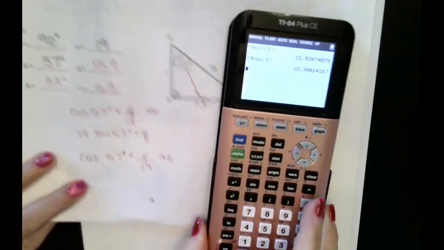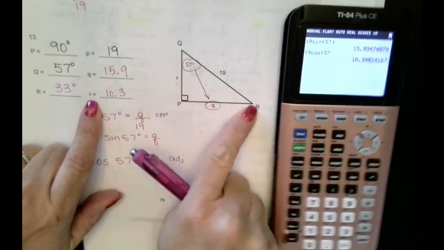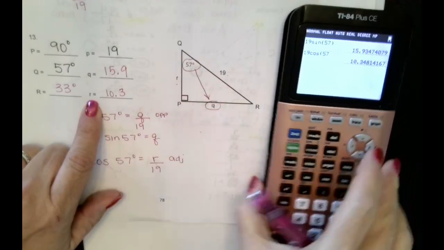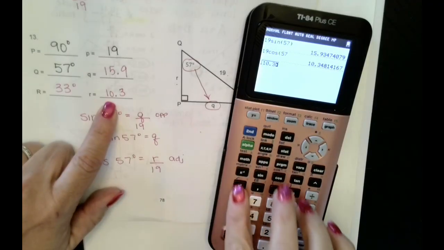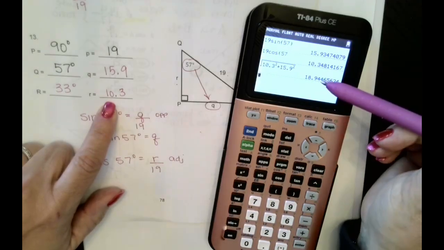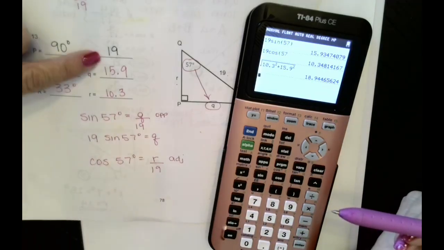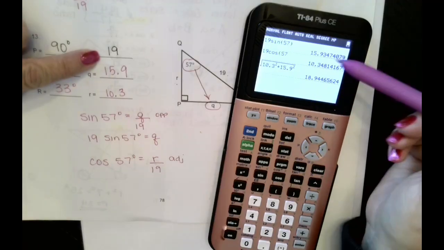Now, I'm going to check this because I can, and if I have r squared plus q squared, this needs to be p squared. So I can do square root of 10.3 squared plus 15.9 squared, and that gives me 18.94. So it is off just a little bit, but it's off because I've been rounding these values.